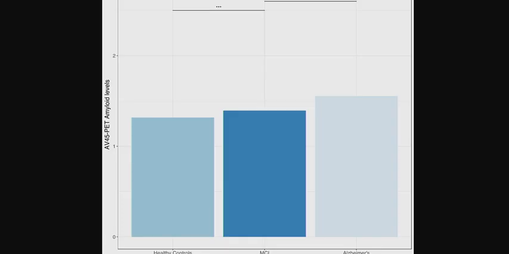To give you a more concrete example, these are some data from the ADNI study. These are measurements of AV45 PET uptake, so a measure of amyloid binding. And these are bar charts that show you the difference in amyloid between healthy controls, people with mild cognitive impairment, and people with Alzheimer's disease. And you can see that there is a significant difference between the three groups.